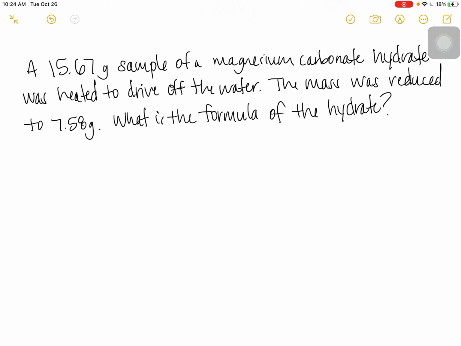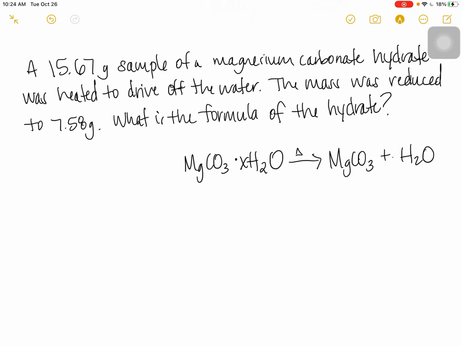All right, so a 15.67 gram sample of a magnesium carbonate hydrate was heated to drive off the water. The mass was reduced to 7.58 grams. What's the formula of the hydrate? So I know it's magnesium carbonate. And again, I'm looking for X. I know we heat it, we drive off the water to make the anhydrate, and some number of water molecules. So again, same idea.